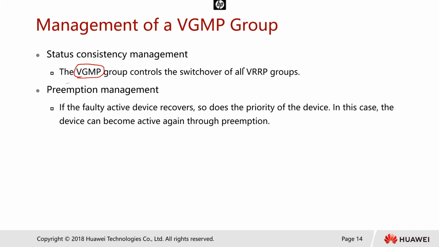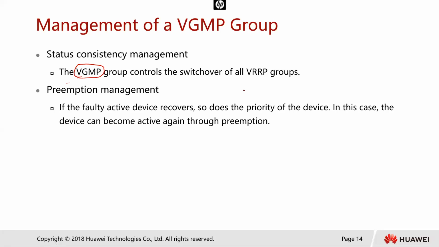So whenever the status of the VRRP group changes, this VGMP protocol must be notified of the change. And the VGMP group determines whether to allow the master backup switchover of the VRRP groups based on some of the things. And if the switchover is necessary, then the protocol will go ahead and instruct all the groups to perform the switchover.